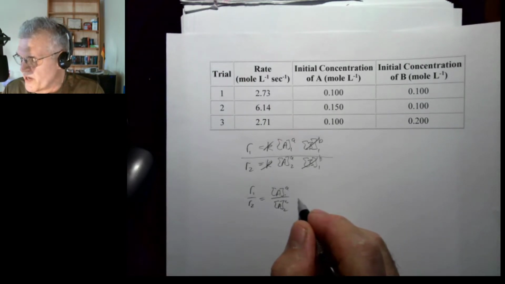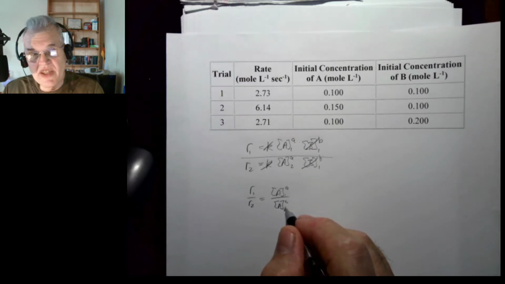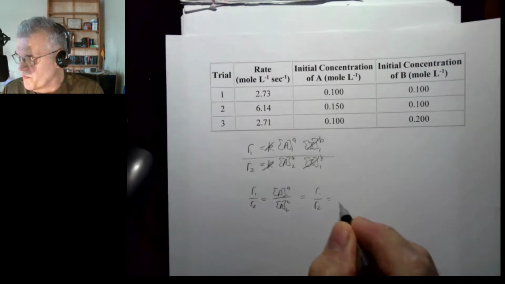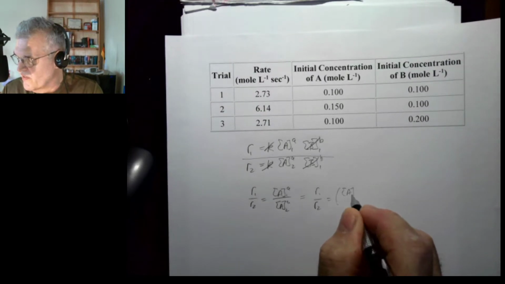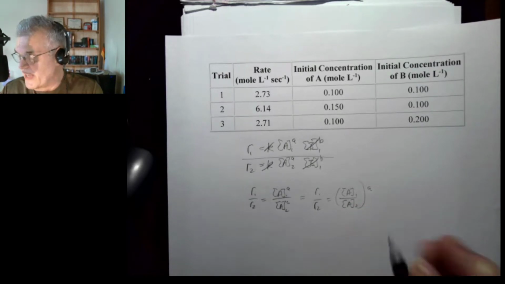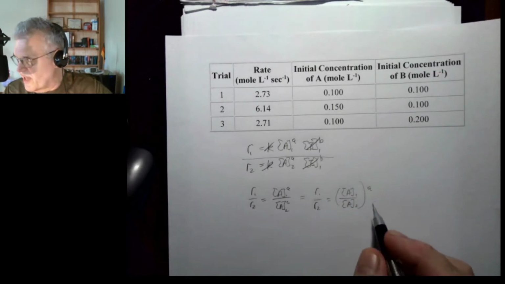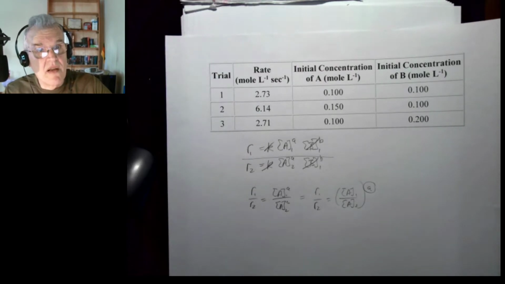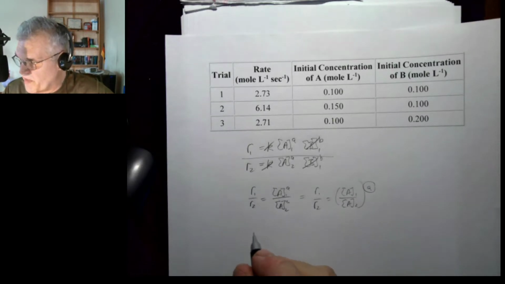Okay, well, we know when I have something that is raised to the power like that, I can say rate 1 over rate 2 is equal to the concentration of A1 over the concentration of A2, the whole thing raised to A, because essentially it's the same thing. I want to know what A is, so what can I do? Well, I'll take the log of both sides. In this case, I'll use log base 10.